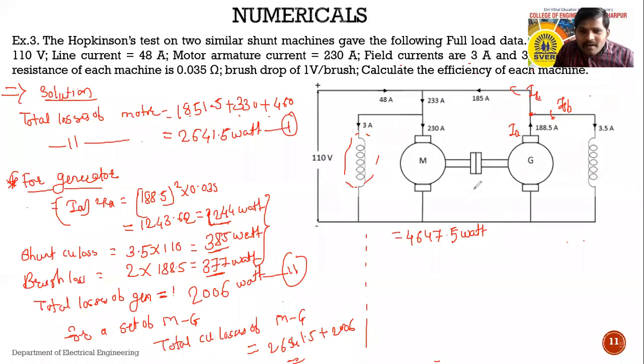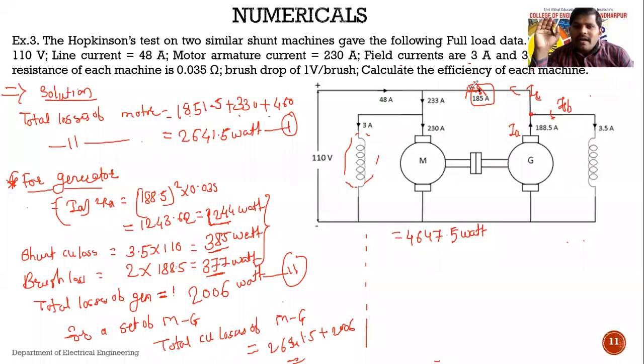Now see, in the Hopkinson test we are putting one switch here. Before closing that switch, there is an open circuit in the secondary of the generator, that means the current flowing from it is 0.